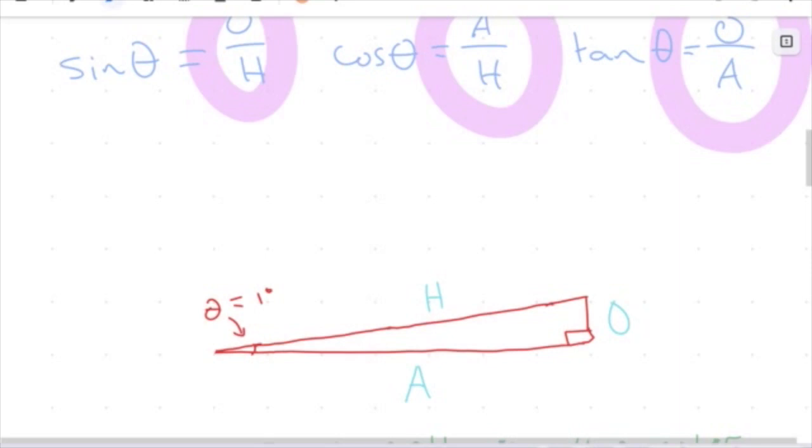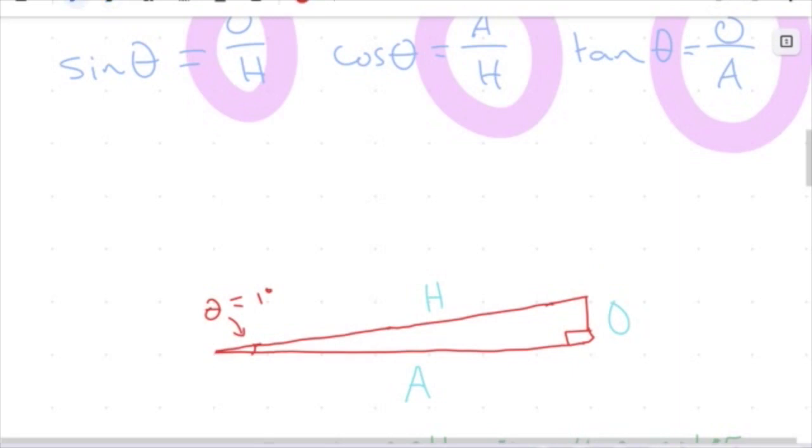So as we draw our angle out, the side opposite to that angle is going to be pretty small relative to the other ones. My adjacent side, because it stretches out with my hypotenuse, is going to be pretty long as well. The opposite here is a little bit different. This is quite small relative to my other sides.